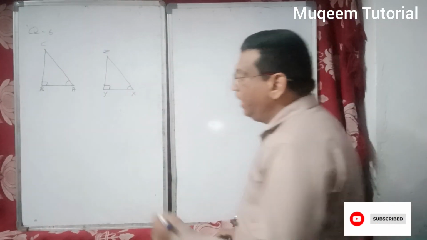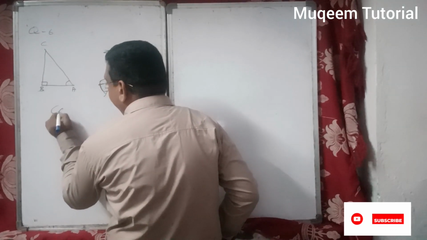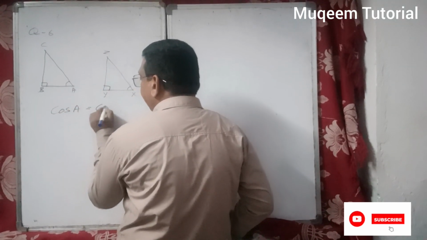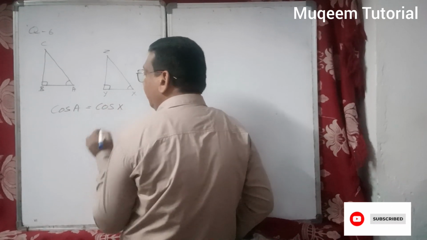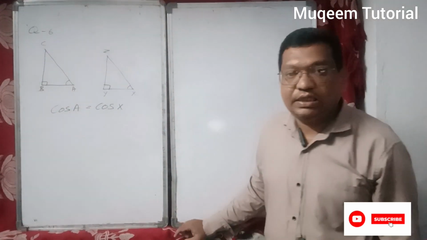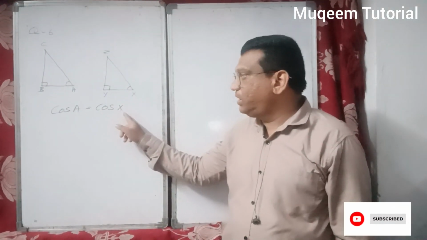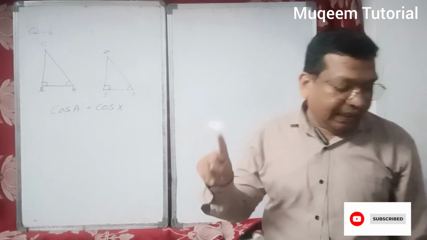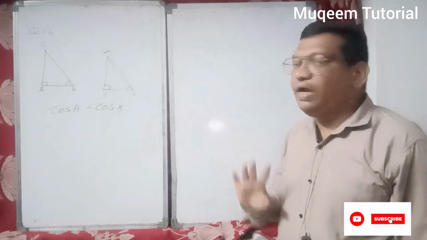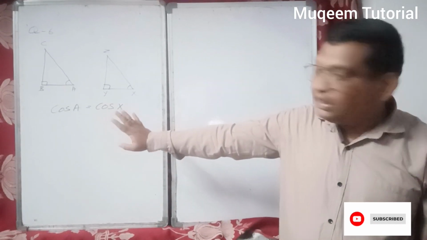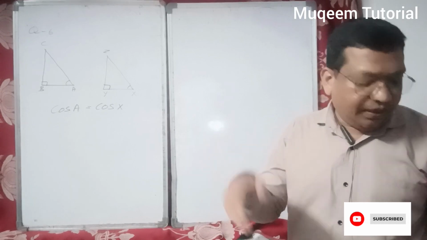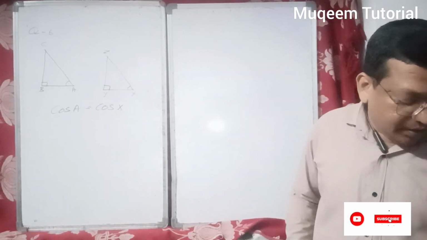So he said here cos A is equal to cos X. Cos angle A is equal to cos angle X. So we have to prove angle A is equal to angle X. Directly we can remove the cos and say that angle A is equal to angle X, but we will go with the method.